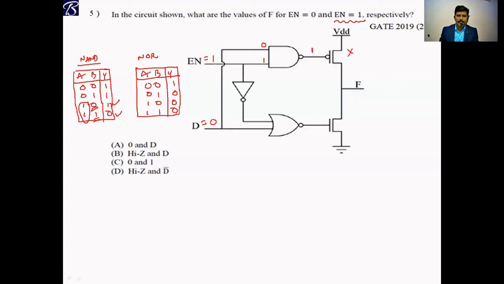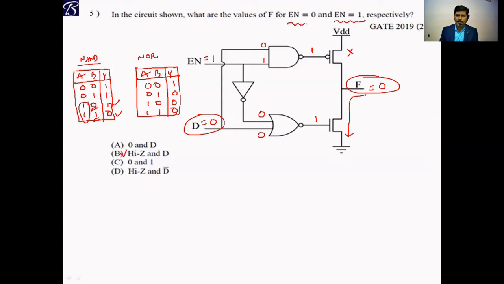And this enable equal to 1, this becomes 0. Both 0 means the output is 1 here. So this is switched on, then F equal to 0. That means if D equal to 0, F equal to 0, whatever D is coming here. So option B is correct.